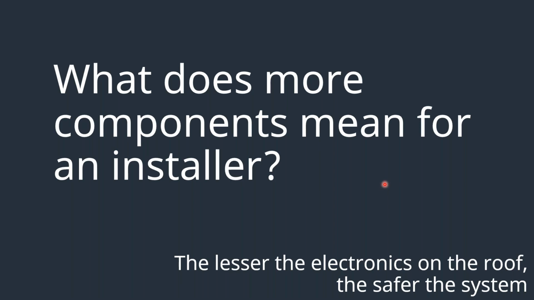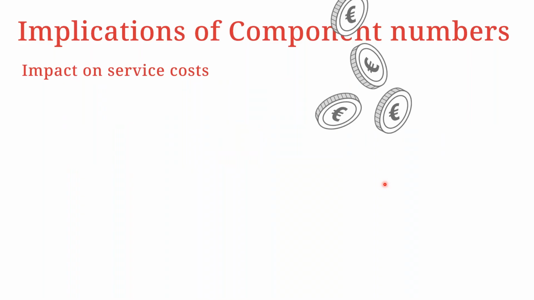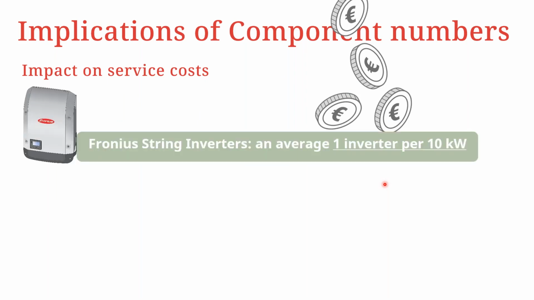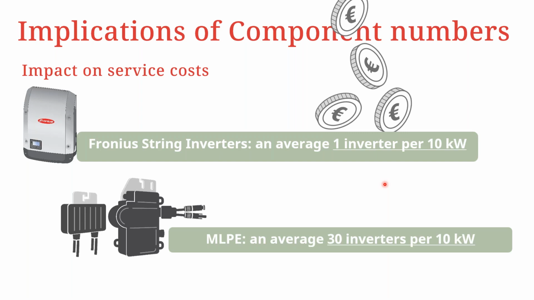Going forward with the implication of component numbers, let's now look at the impact on service cost. As linked to the previous slide, for a Fronius string inverter, you have an average need of just one inverter per 10 kilowatts. But for MLPEs, you have a need for an average of 30 inverters per 10 kilowatts.